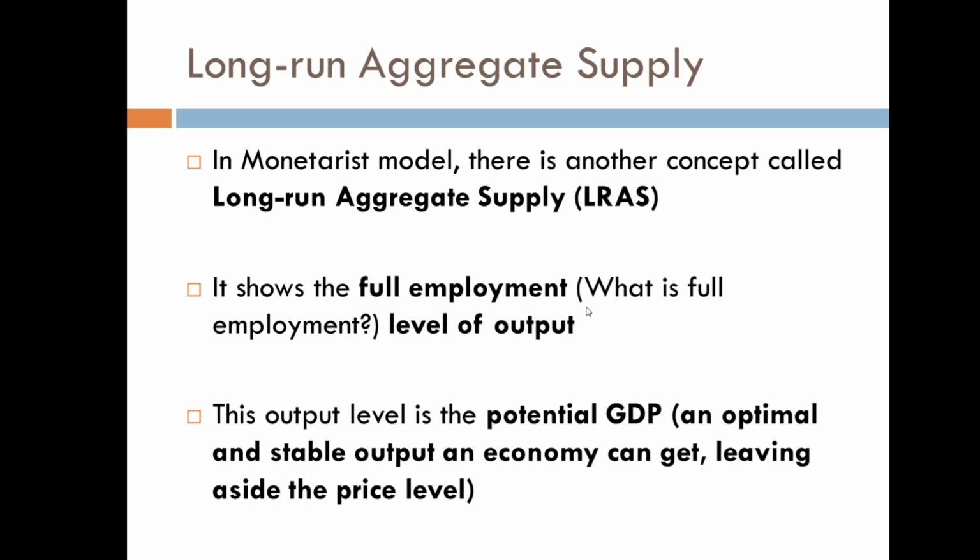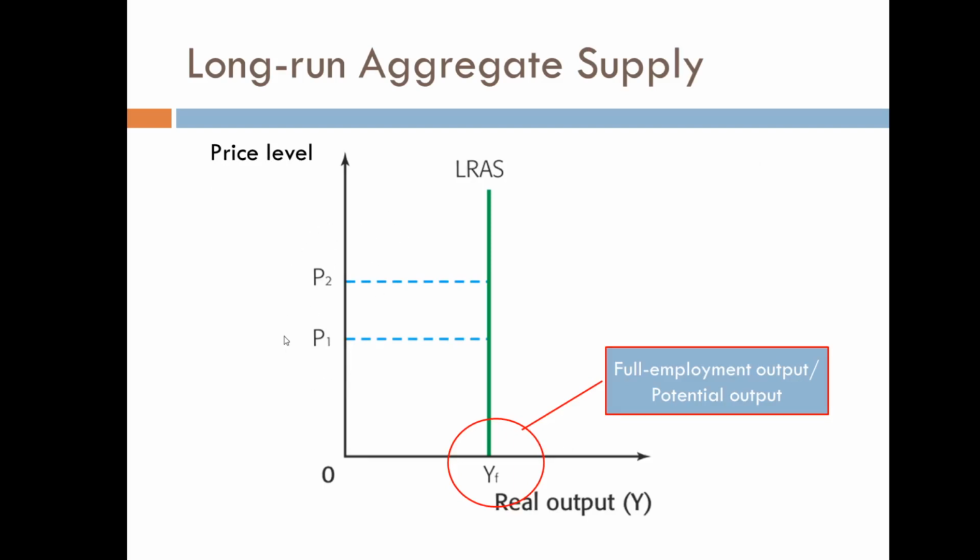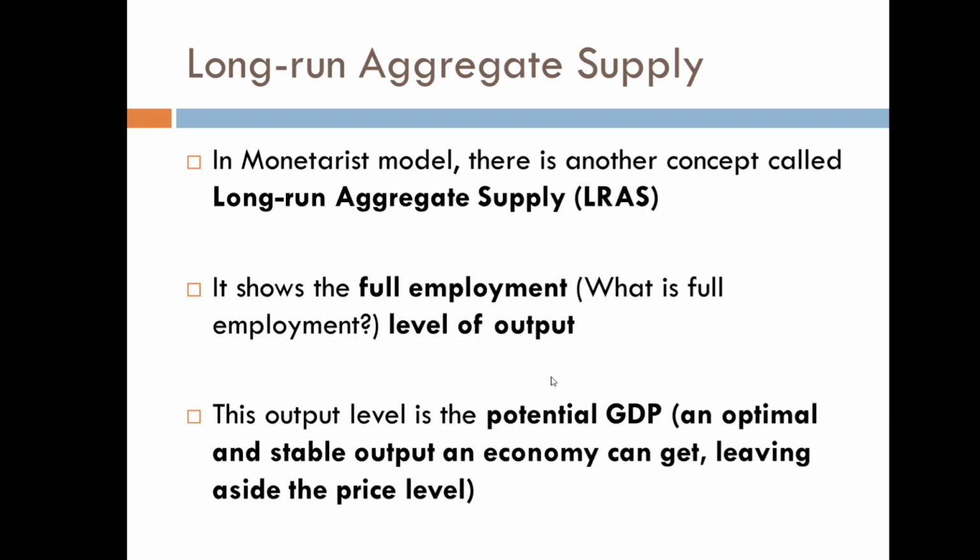Once again, we don't look at what is happening to the price level in the long run. The idea is that in the long run, you will get to the very nice point of output. It doesn't really matter what kind of price level you have.